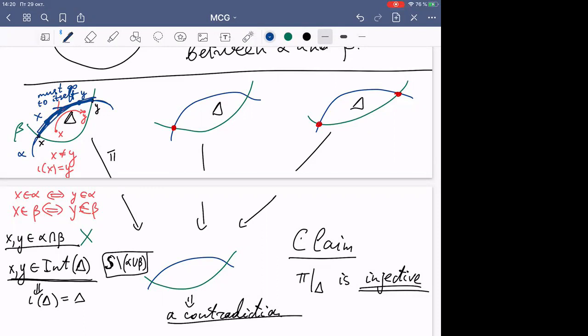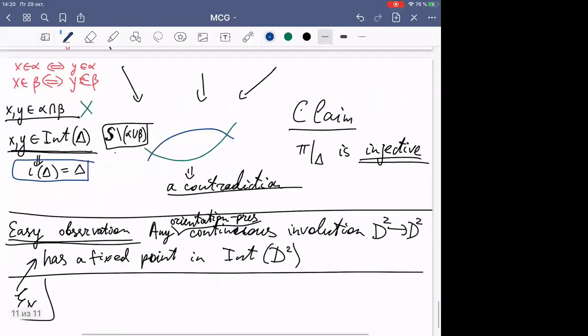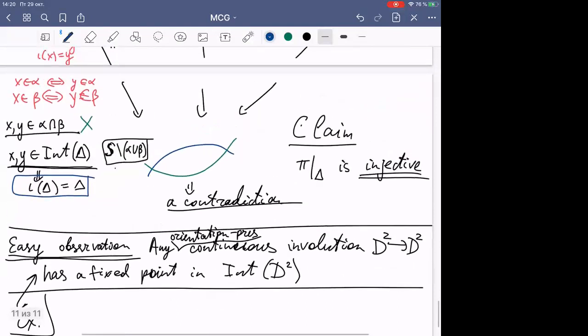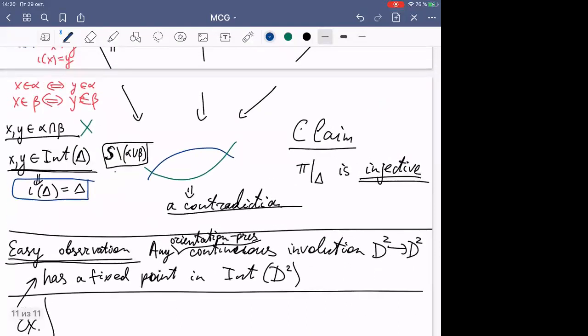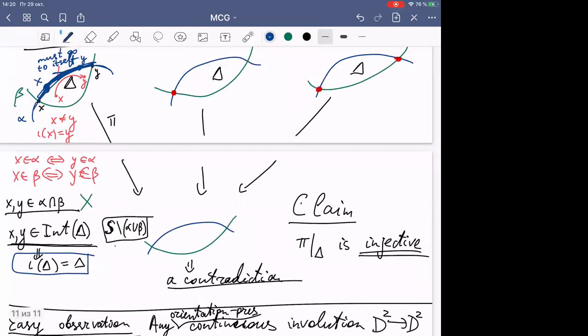The same if they are both on alpha. This arc is taken to itself. And if they are not on alpha and not on beta, this is the last case. If they are inside, then delta must be taken to itself, as a connected component. And this is exactly what I finished. It is taken to itself, but now it is a continuous involution of the disk to itself.